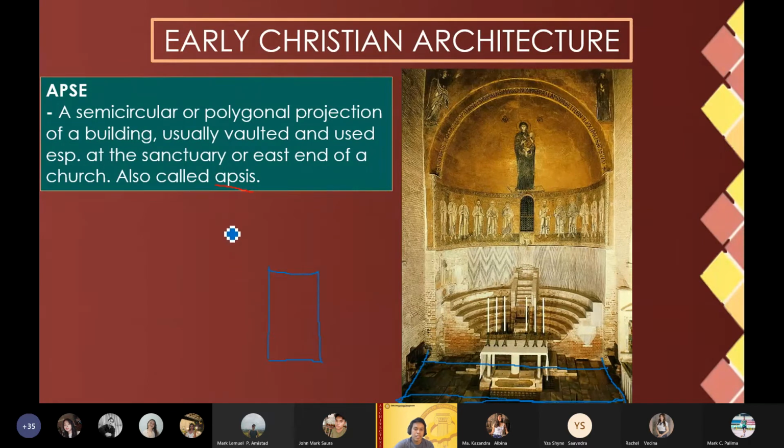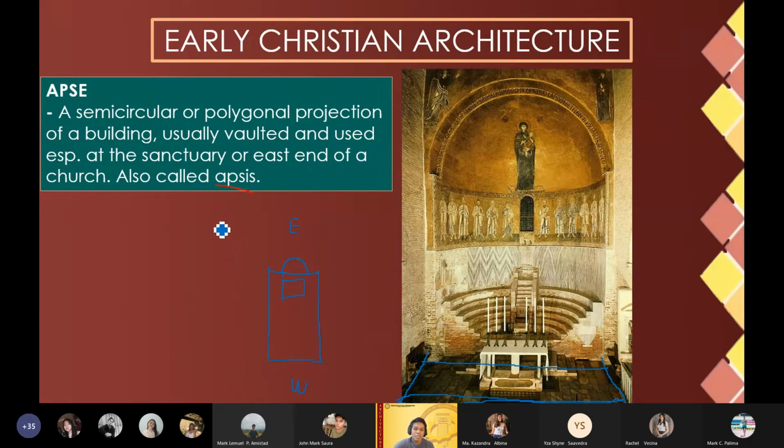And on that part, where the altar is, it is situated in the east. So your altar is facing east, and this one is west. And here, you need an apse. So that's why they provided a semicircular one.